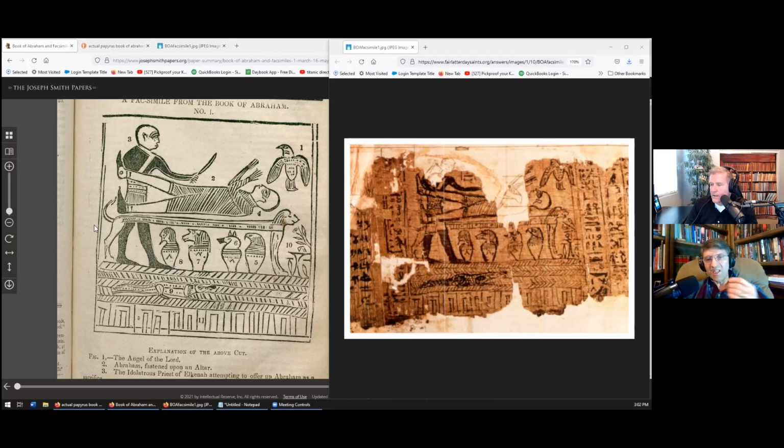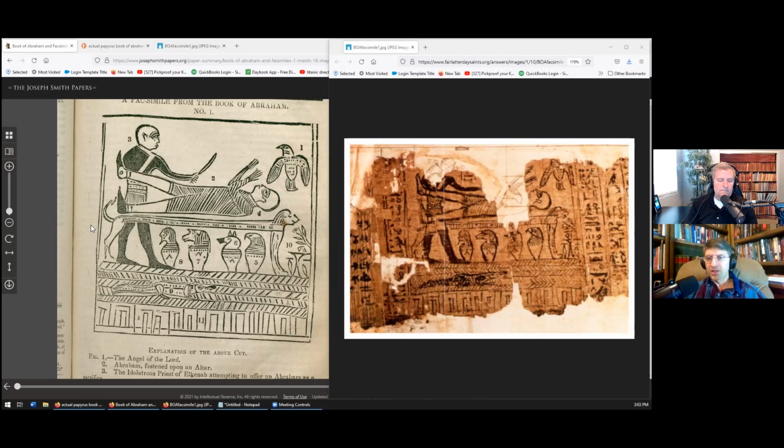And there are tons of these scenes drawn with the person being mummified and a figure leaning over them with a jackal head. We typically think of that as Anubis, who is a god who oversees preparation for death. He's symbolized by the jackal. And so people look at it, and there are enough similarities that they say, oh, that's what it is.